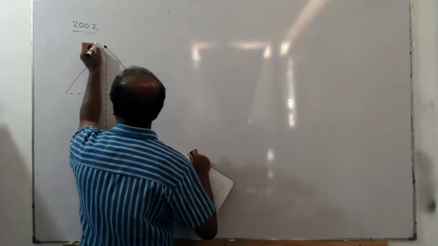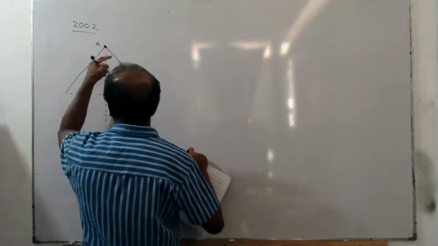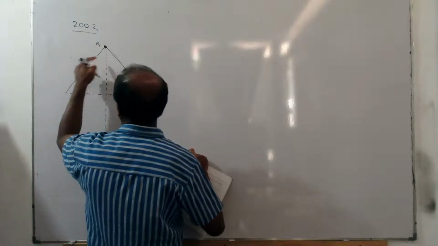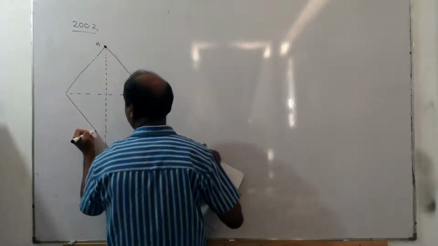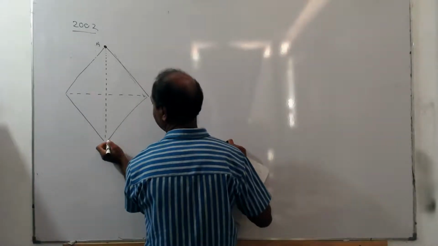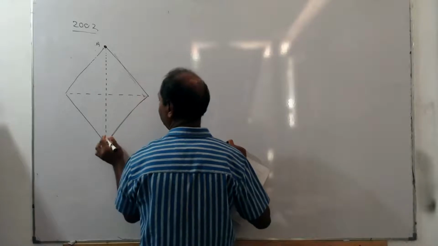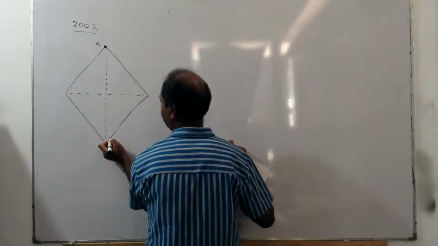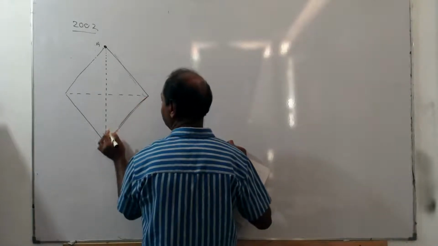It's hanging from A. These angles are 90 degrees and each part is 45 degrees, so it's very easy. If all the angles are the same 45 degrees, you will see the computations are very easy.